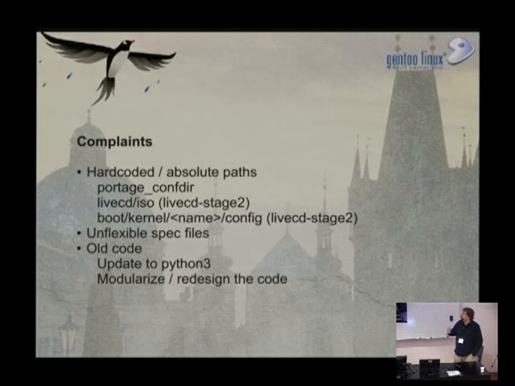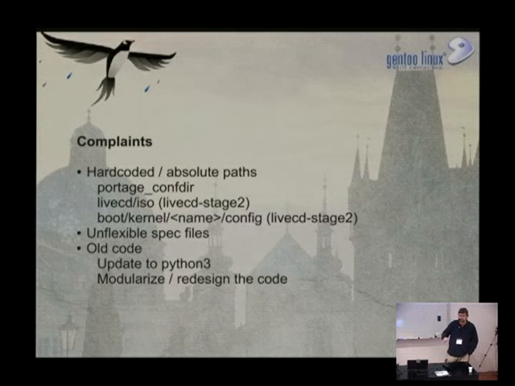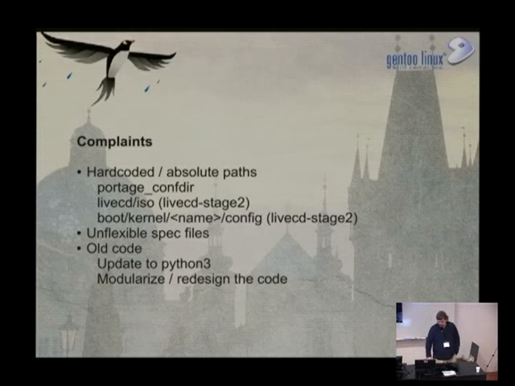So if you want to build a stage or an ISO where you want to keyword a specific package, enable a use flag or disable one, you set portage_confdir to a directory and it will use what you set. In the case of livecd-stage2, something as simple as the variable that says where am I going to store the ISO file is hard-coded. So if you want to deviate from the official, you have to change the files just because of that.